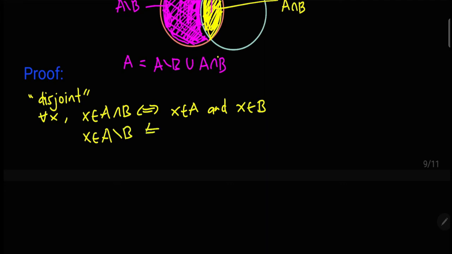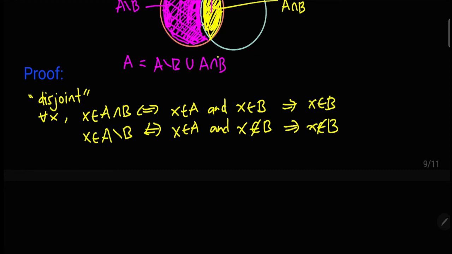Well, by definition of the complement, that means that x is in A and x is not in B. By simplification, this means of course that x is in B and this means that x is not in B.